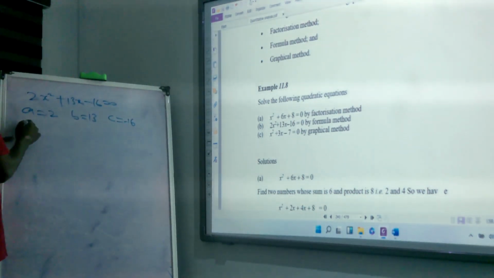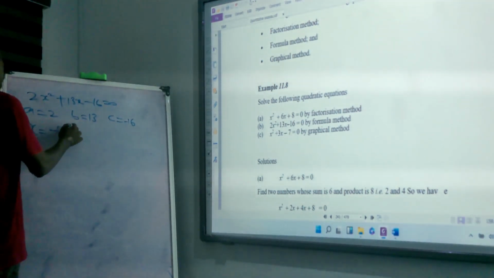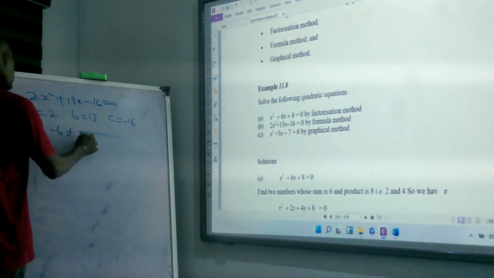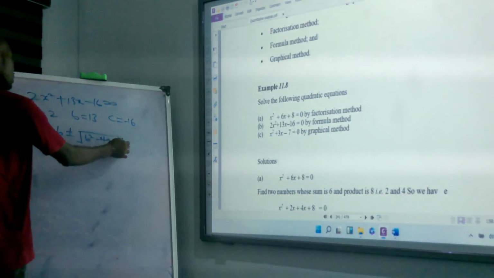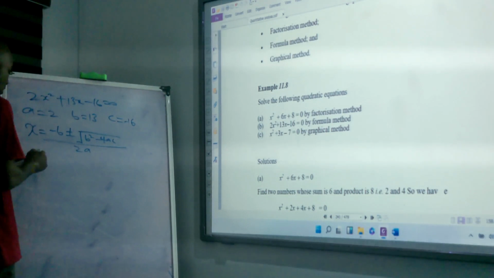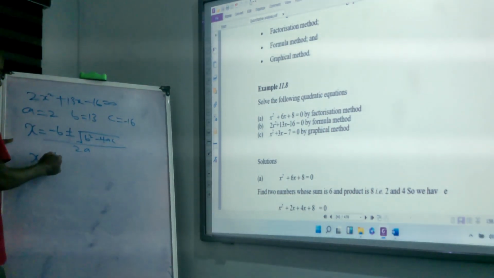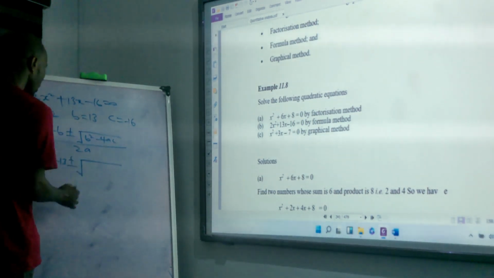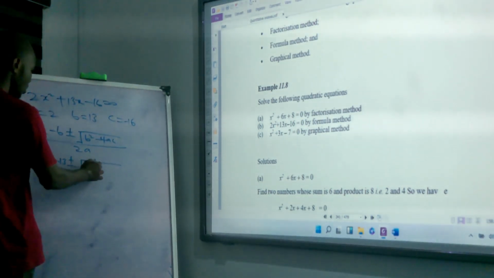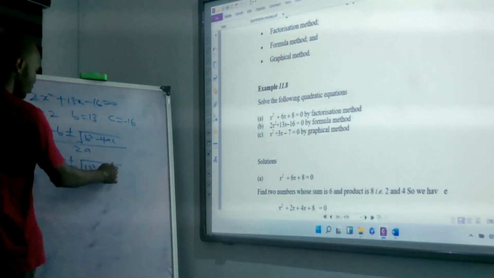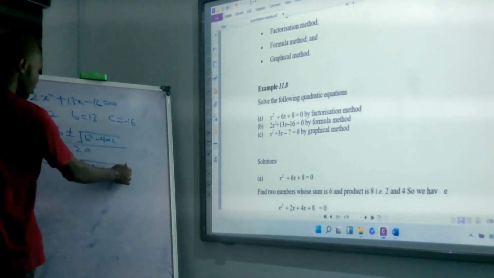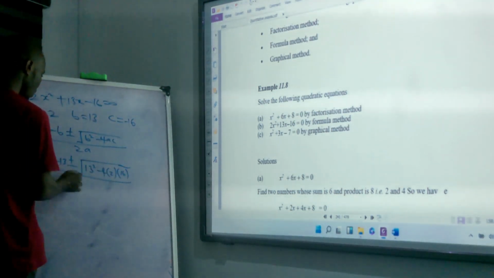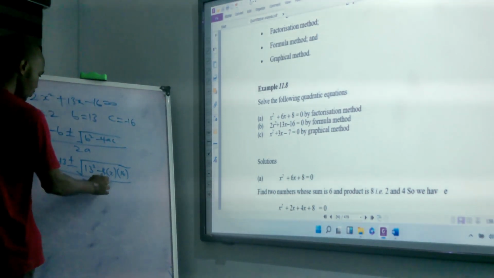Therefore we can obtain x to be equal to minus b plus or minus square root of b squared minus 4ac, all over 2a. So we have x equal to minus 13 plus or minus square root of 13 squared minus 4 times a is 2 and c is minus 16, all over 2 times a is 2.